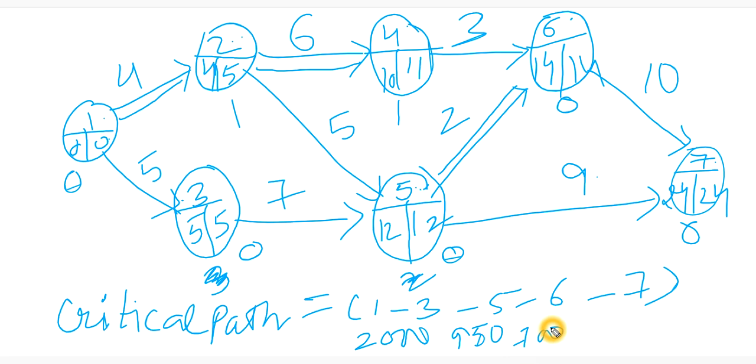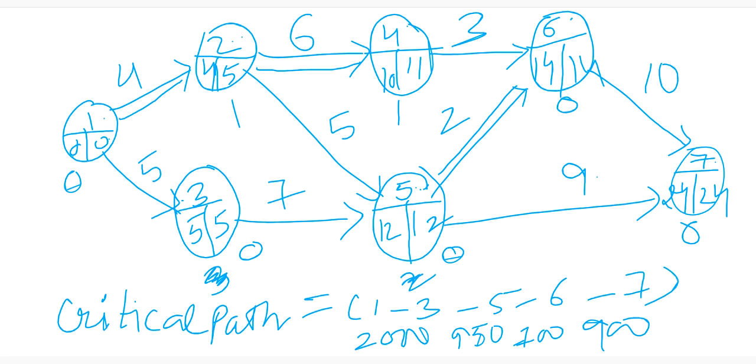6 to 7, the cost per week is 900. So again, I'll pick the smallest one. So the smallest one is 5 to 6, but it is already crashed. So the next smallest one is 6 to 7. So now I'm going to crash 6 to 7 here.